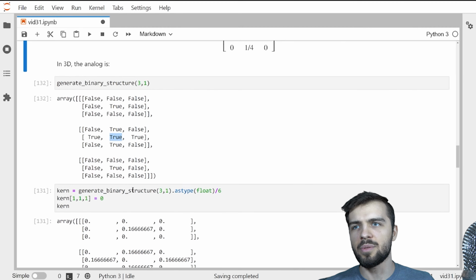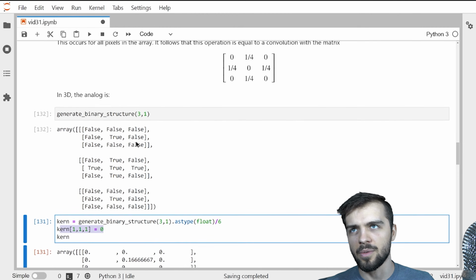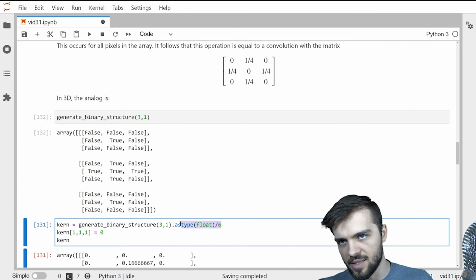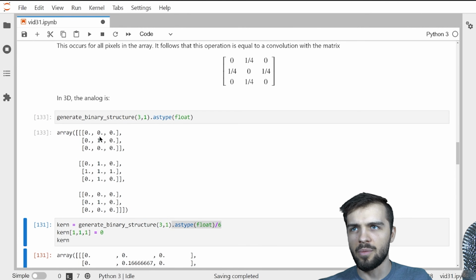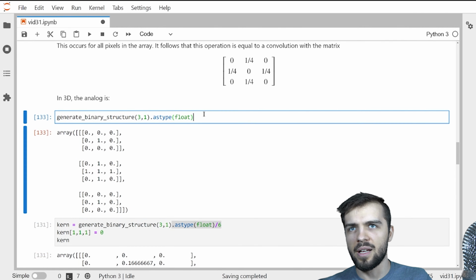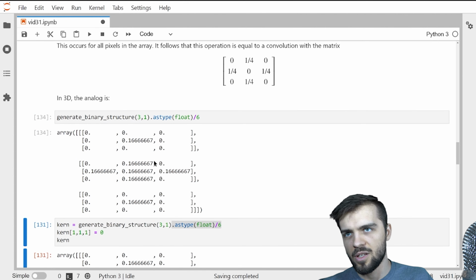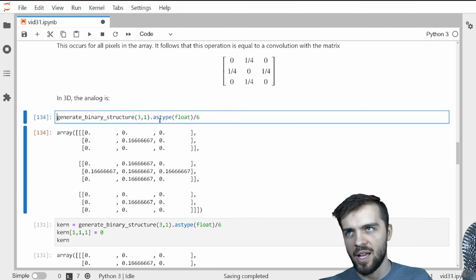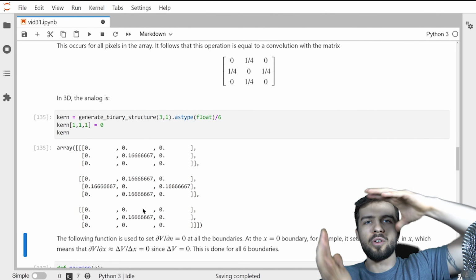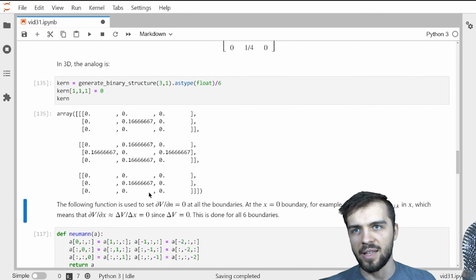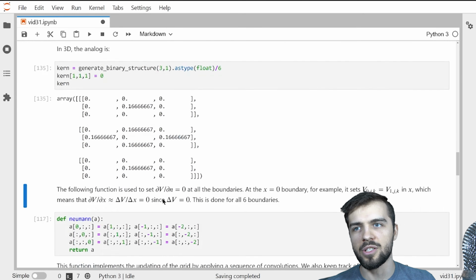So I just set that equal to false: kernel[1,1,1] = 0. I also make it float type. If I take it as float, it's just 1, 1, 1, 1, 1, 1. I divide by 6, so I get 1/6, 1/6, 1/6, 1/6. Then I set the center point equal to 0, and I get the following array. So I need to convolve this with my 100 by 100 by 100 array, and that is essentially performing the operation I need.